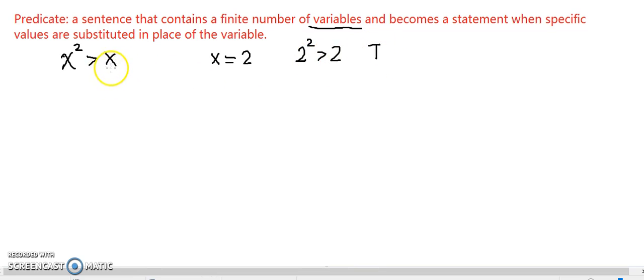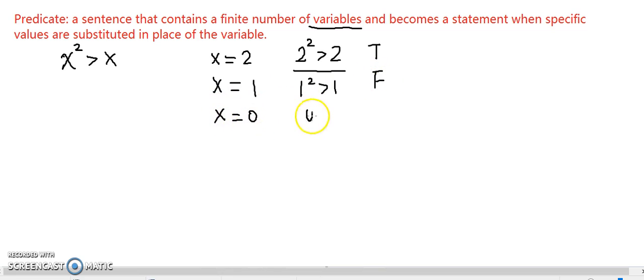After we plug in specific numbers, this becomes a statement because we can determine the truth value. If we replace x with 1, we get 1 squared is greater than 1, which is false. And we can pick 0, and 0 squared is greater than 0, that is also false.